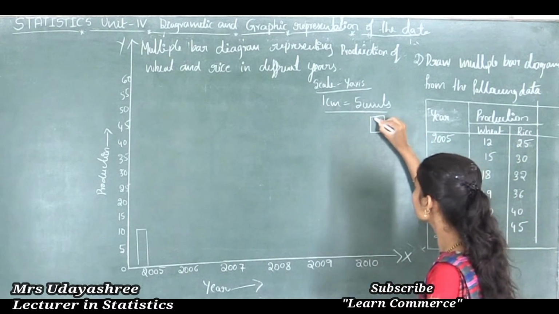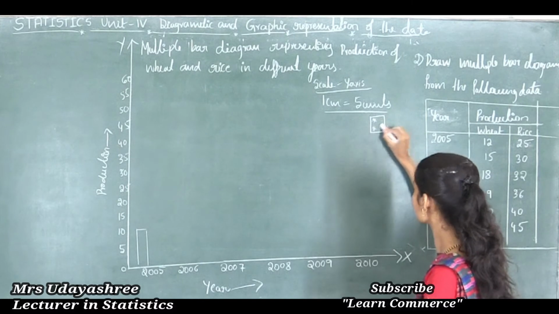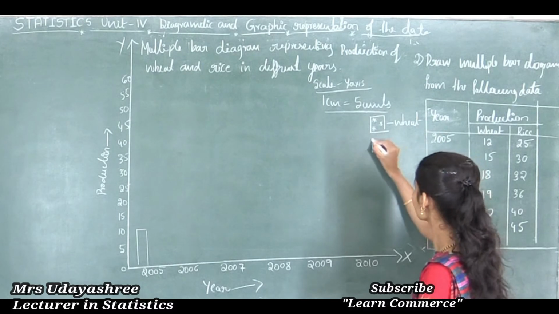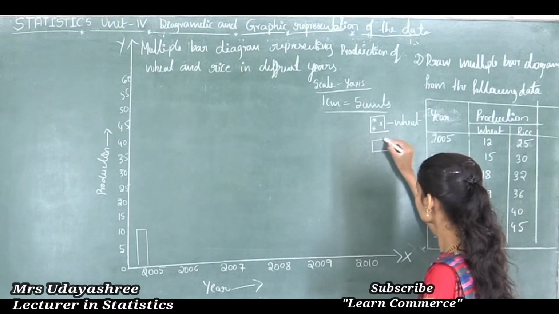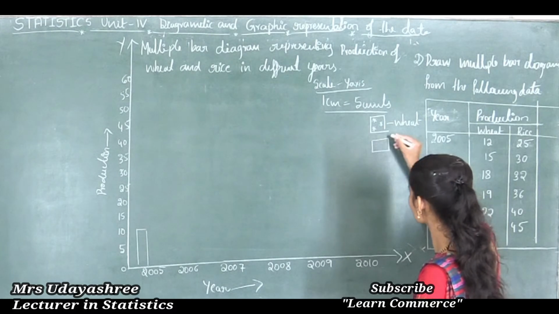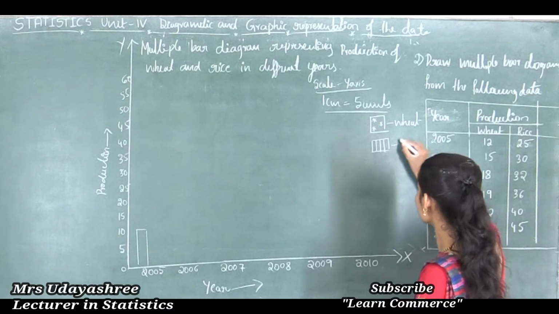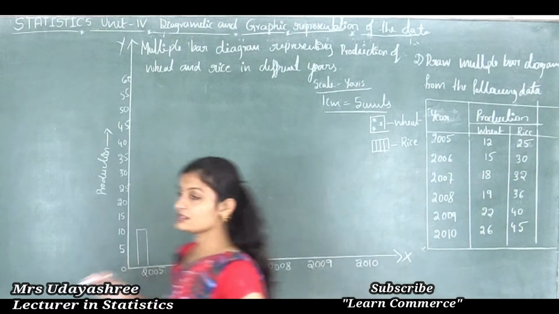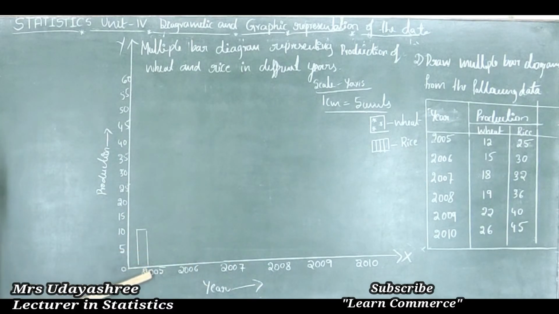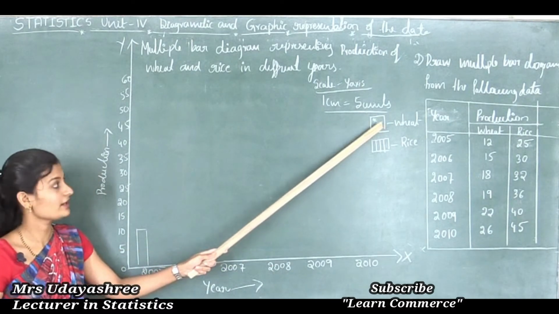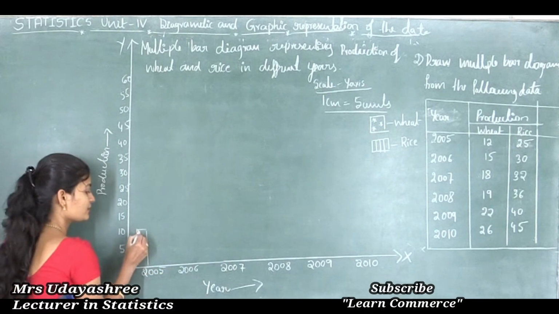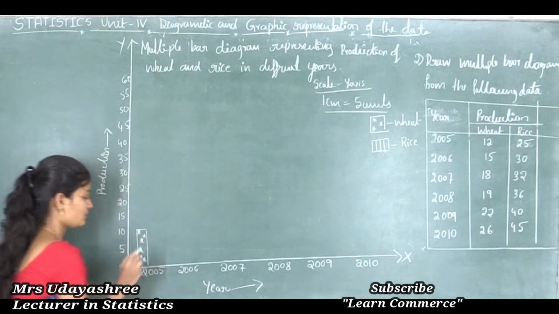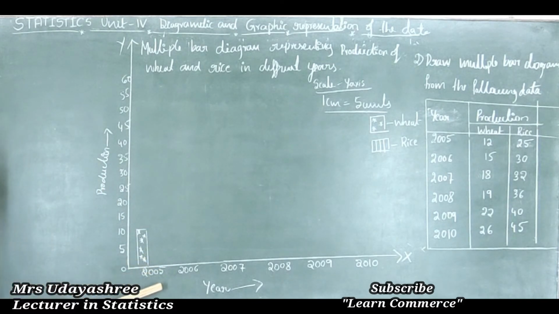For wheat I will do like this, this is the indication of wheat, and for rice I will do like this, this indication shows rice production. Now this bar indicates the production of wheat in the year 2005.